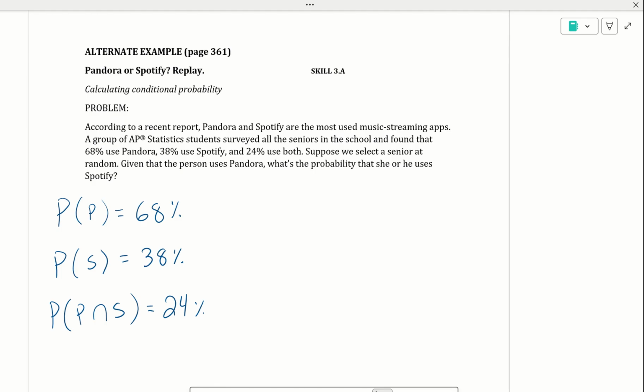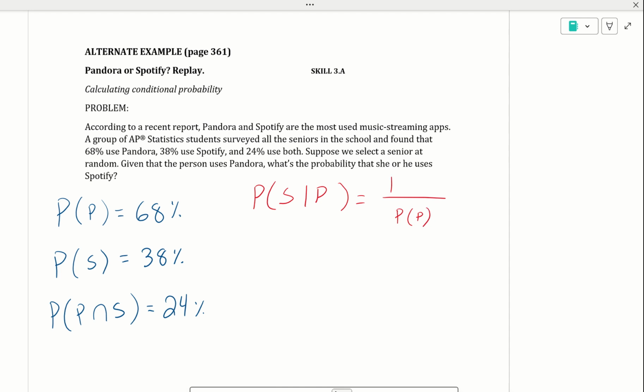Suppose we select a senior at random. Given that the person uses Pandora, so we know that it is given that the person uses Pandora, so that's going to go on the right side there. What's the probability that she or he uses Spotify? Okay, uses Spotify. So this is going to be the probability of using Pandora in our denominator.